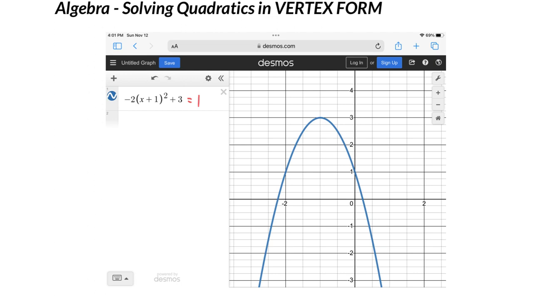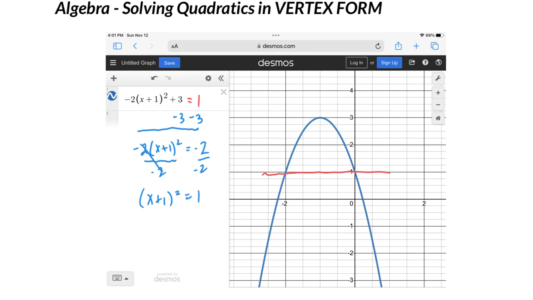And again, if you think about the graph, you can see the 2 spots where we are going to be able to get a y value of 1. Let me start solving. I'm going to begin by subtracting 3. So negative 2 times x plus 1 squared equals negative 2. Then I divide both sides by negative 2.